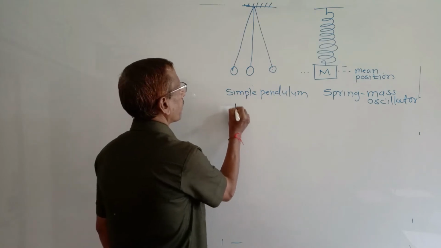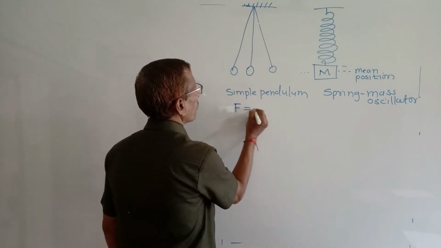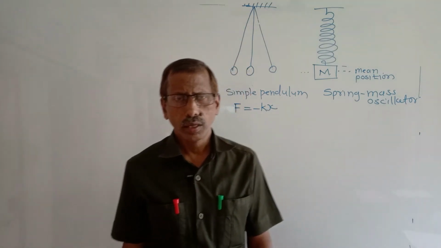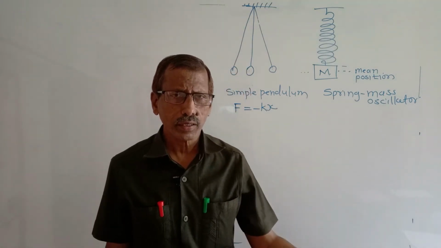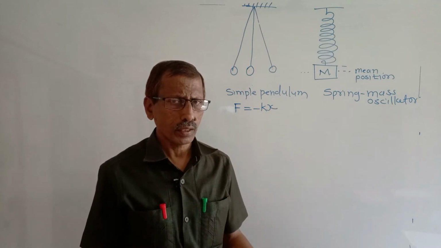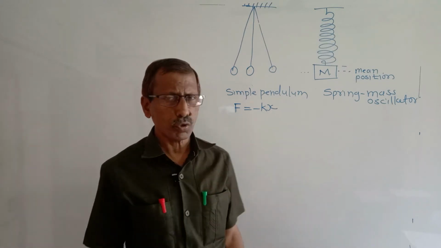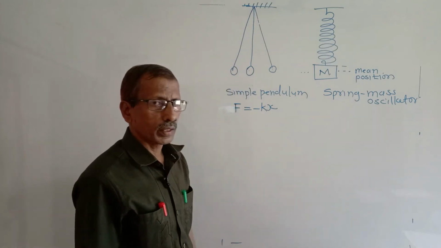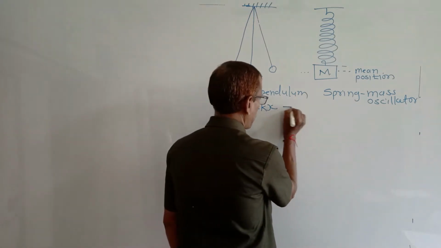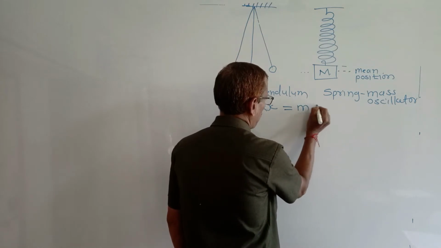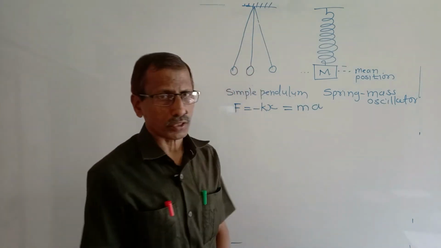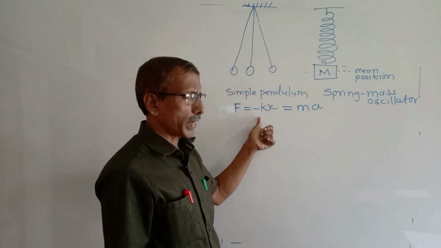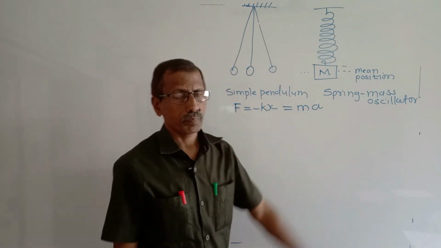So we write F is equal to minus kx. The restoring force is directly proportional to the displacement from the mean position, and it is oppositely directed to the displacement. According to Newton's second law, F is equal to mass into acceleration. So we get F is equal to minus kx is equal to ma.